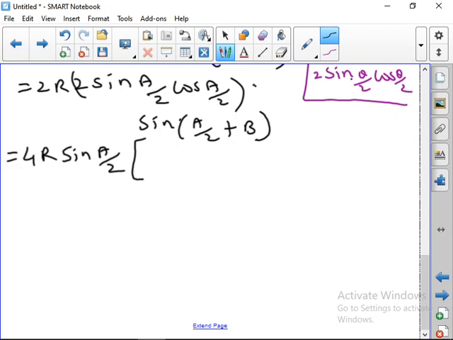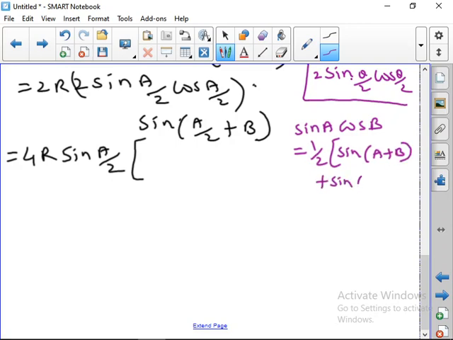Okay. So here we will use the formula sine A cos B. For sine A cos B, what's the formula? It is equal to 1 by 2 into sine A plus B plus sine A minus B. Okay, so this is the formula.